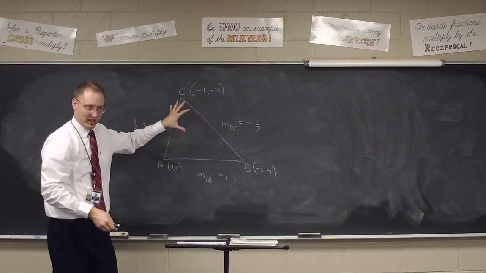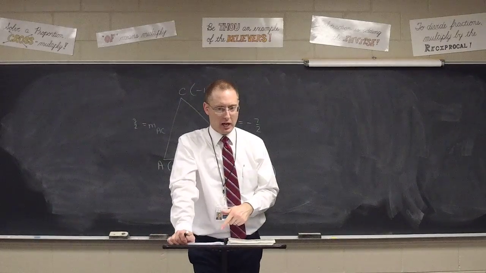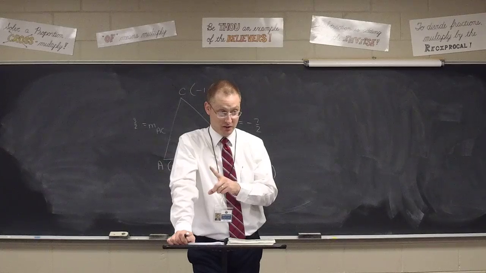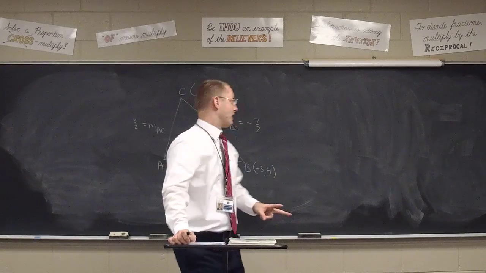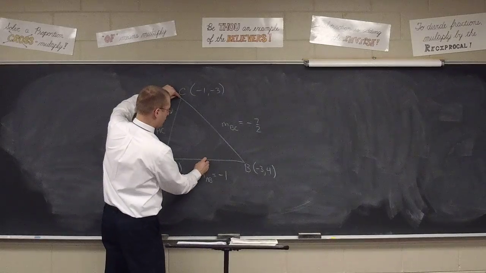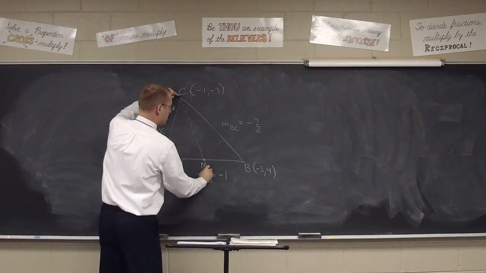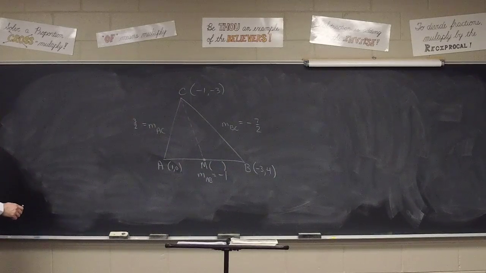Because they're all going to be parallel to their opposite side. But median, remember, in a triangle goes from vertex to midpoint. So remember, there's a median that goes from this vertex here to this midpoint here. Well, what are the coordinates of that midpoint going to be?